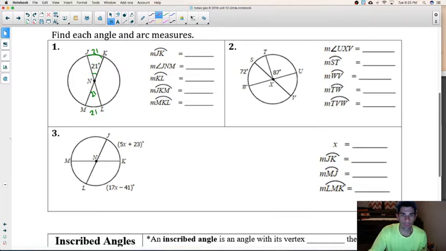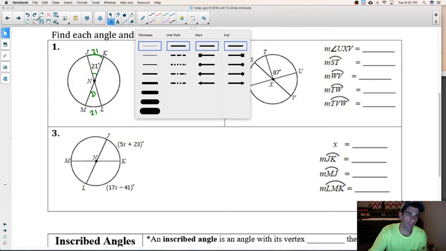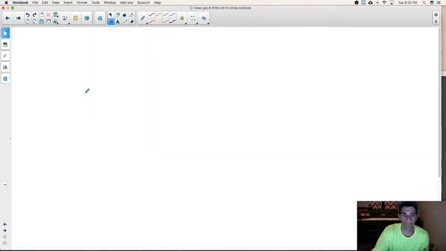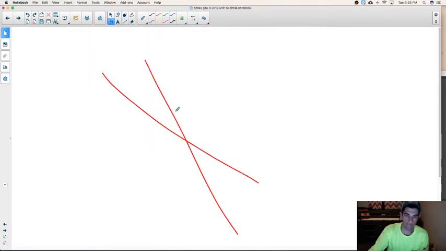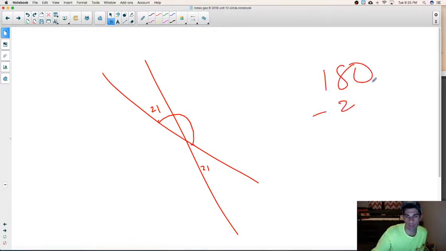Then we can do the same thing right here. If I blow this up for you, I have the 21 and the 21, and this is a straight line, and we know all straight lines have 180 degrees. So if you subtract, you're going to get 159 degrees.